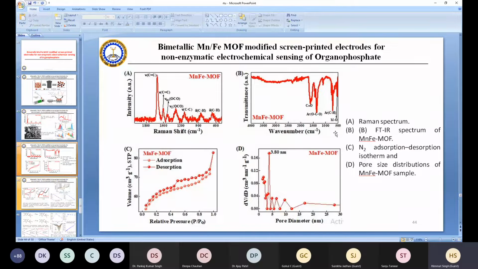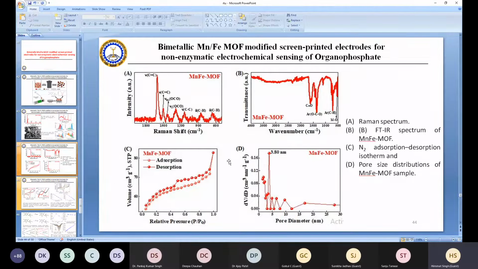This curve shows the Raman spectroscopy and the FTIR spectrum of the synthesized bimetallic metal organic framework. The organic functional groups of this framework show bond formation of C=O, C-O and C-H bonds, and at lower wave number, the bond between metal and oxygen.